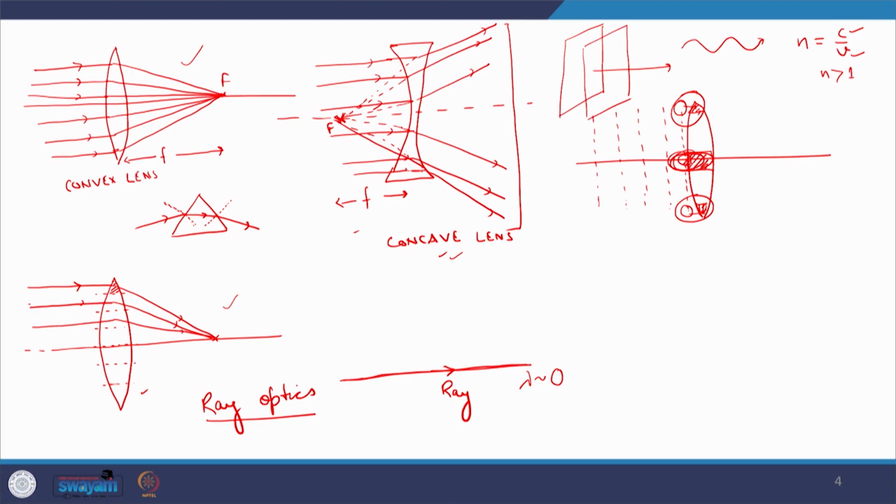The central portion would be delayed more, and therefore, at the output the wavefront will look something like this. Yeah. Now, you see here that there is a difference here. This difference is because of the thickness of the lens. Yeah, the varying thickness of the lens instead, I should say.